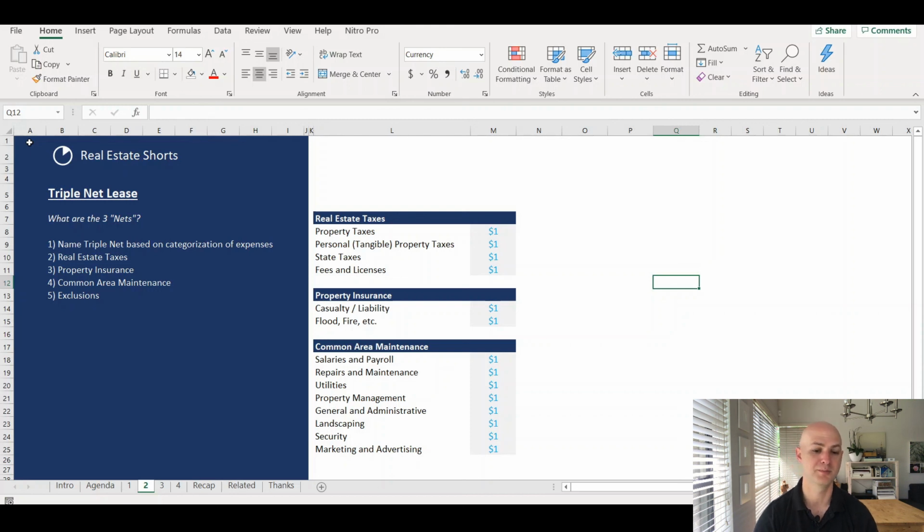In this example, I included property management on that list, but it may not be in your lease or those that you're structuring. But these are the main three categories that define the triple net lease. By extension, if you were to say a double net lease, it could only be two of these.